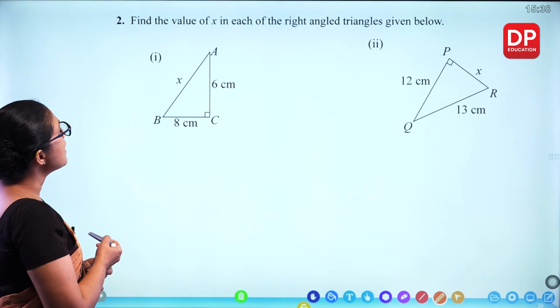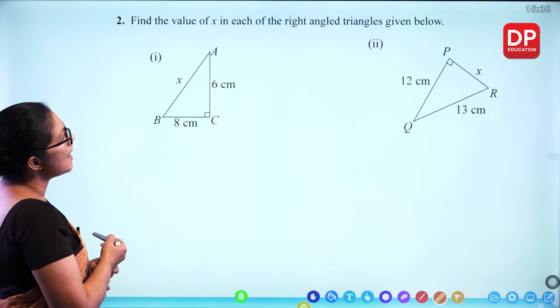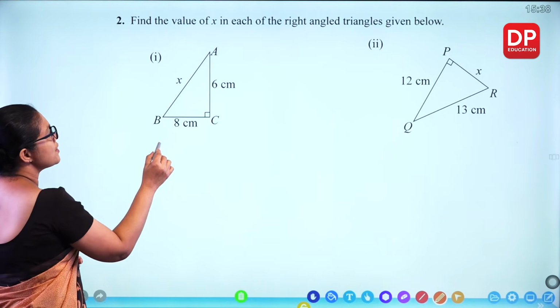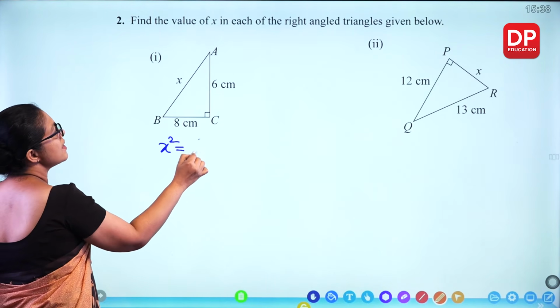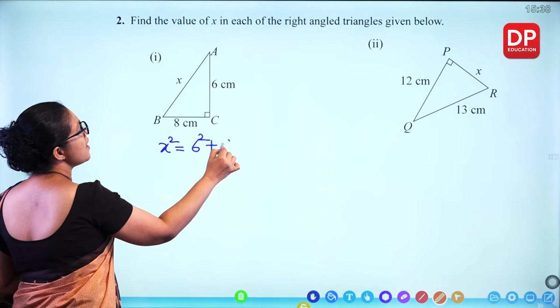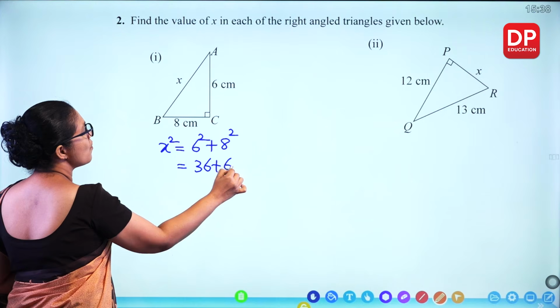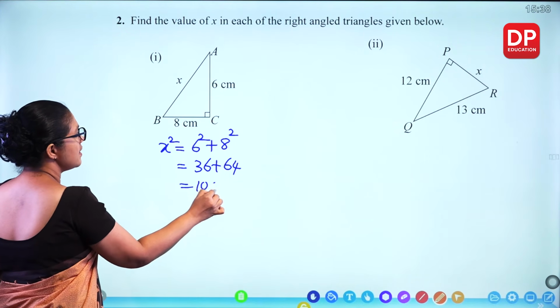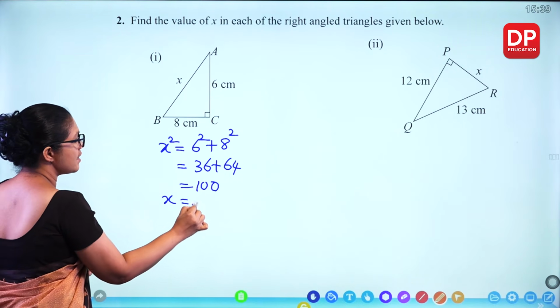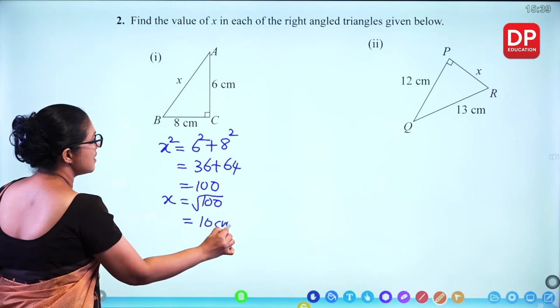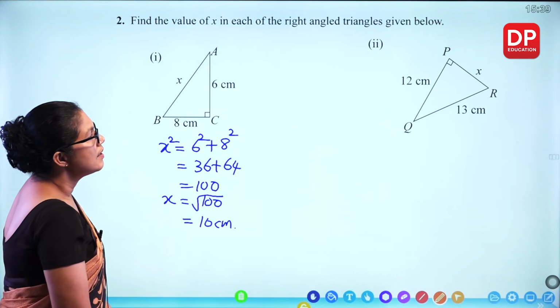Question number 2. Find the value of x in each of the right angle triangles given below. x is the hypotenuse, so x squared is the sum of squares of the other two sides. 36 plus 64, you get 100. Square root of 100, that's 10 centimeters. Look at this one.